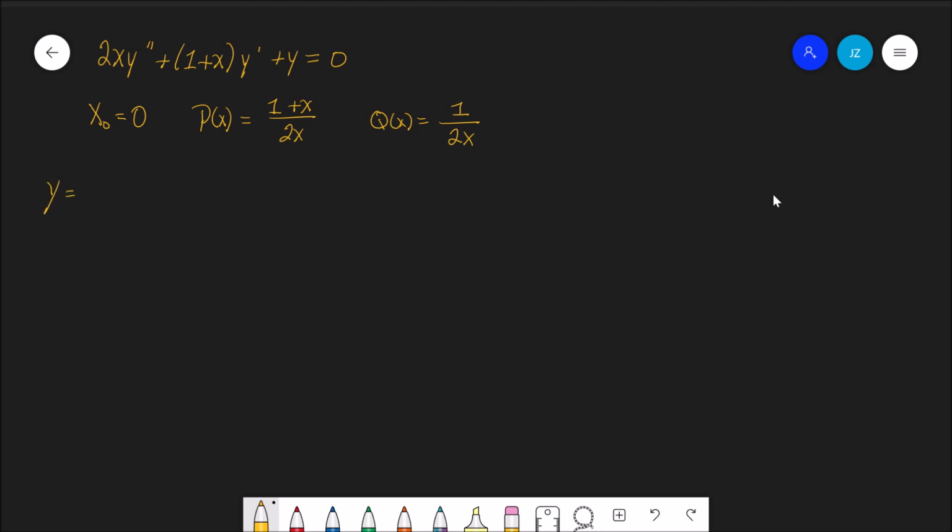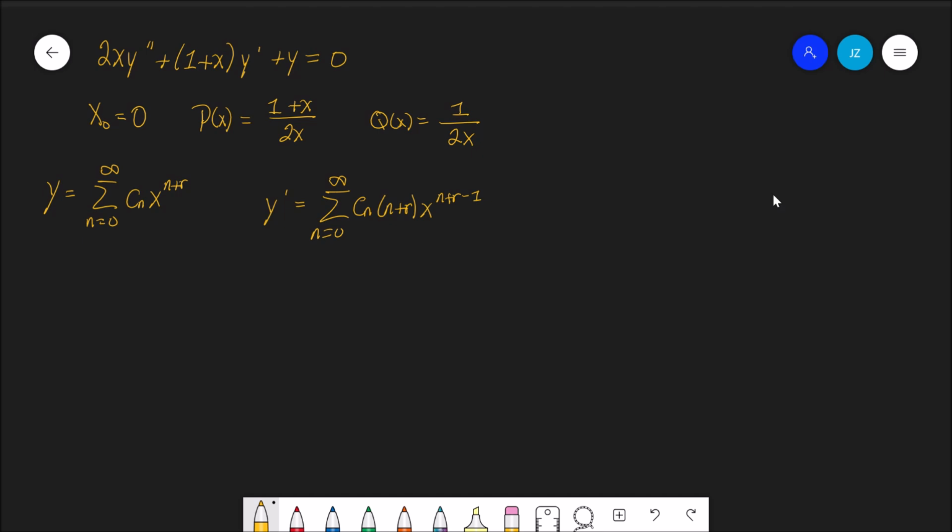So we guess a solution, summation n equals 0 to infinity of Cn x to the n plus r. Y prime would then be the summation n equals 0 to infinity Cn times n plus r times x to the n plus r minus 1.